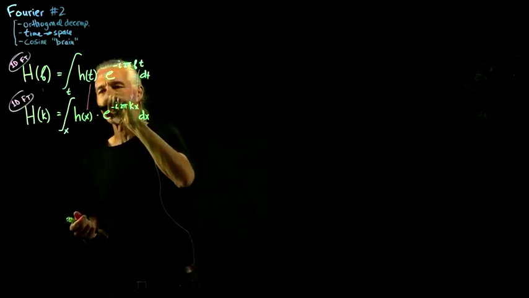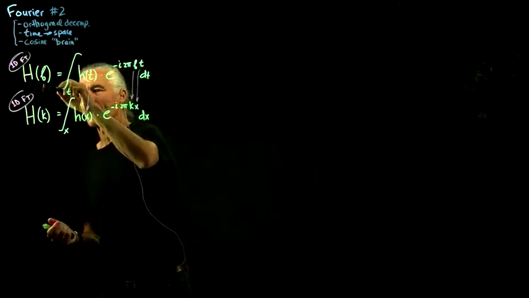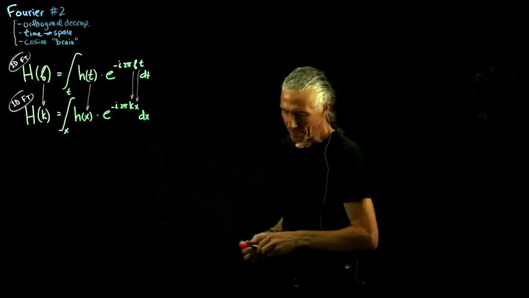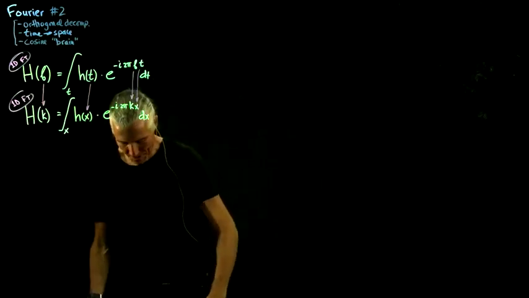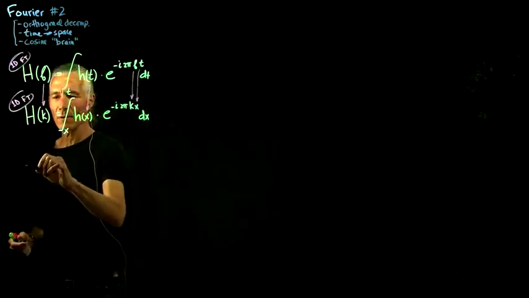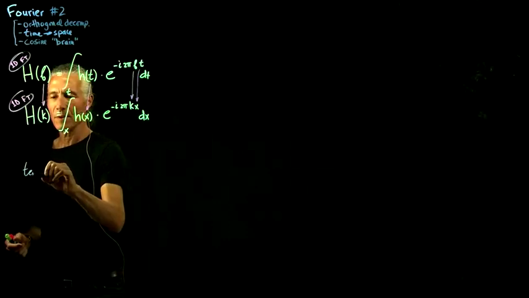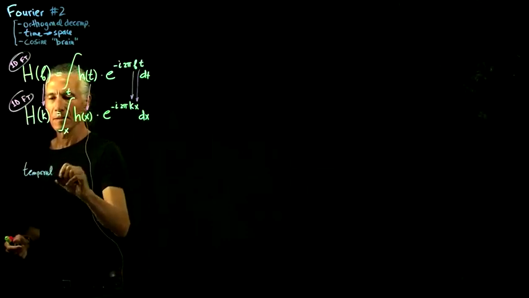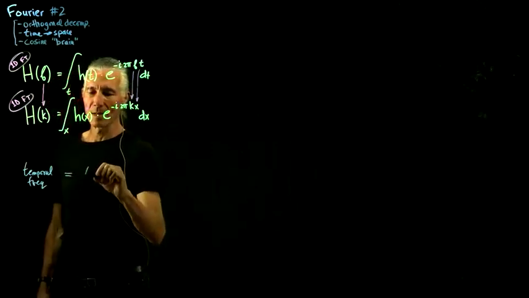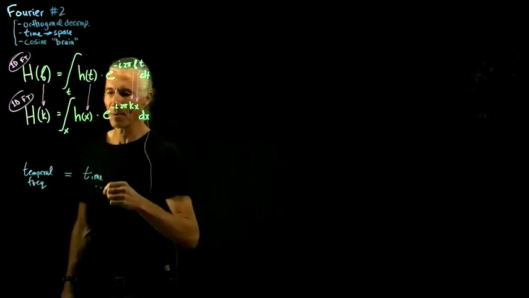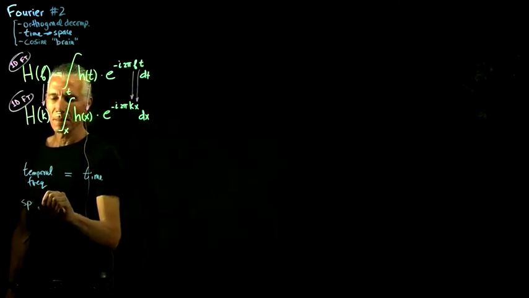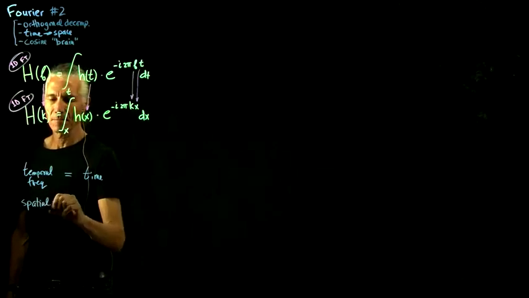So we can go back and forth between temporal frequency on the left here. This equation tells you how to go from time to temporal frequency, the top one. But the second one tells you how to go from space to spatial frequency.